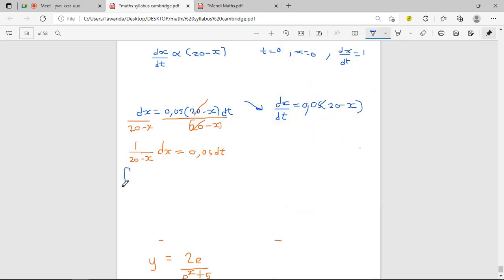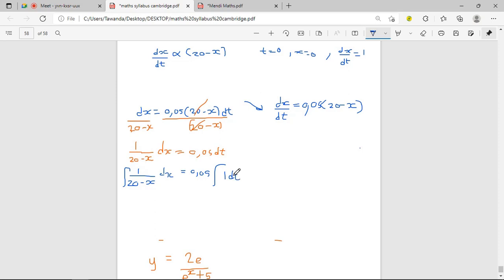Let's integrate here. Integral of 1 over 20 minus x dx is equal to integral of, if I take 0.05 outside here, I'm going to remain with 1 dt, right?